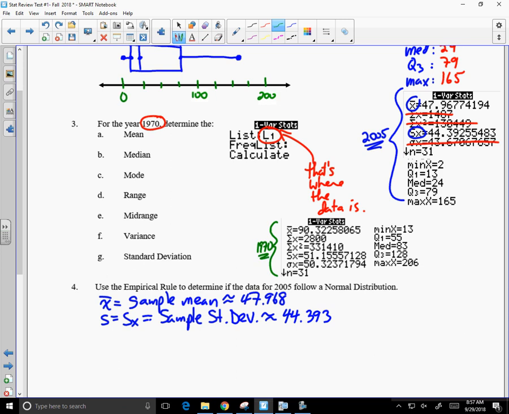The mean is 90.323 approximately. The median, 83. The mode, you're out of luck. You've got to figure that out on your own. The range by definition is max minus min. Depending on the nature of the data, that might be harder to come by. In this case, it's not bad because it's just 206 minus 13, which is 193.